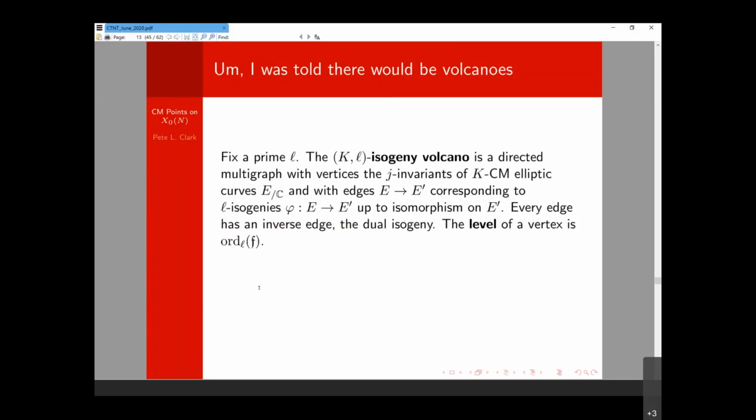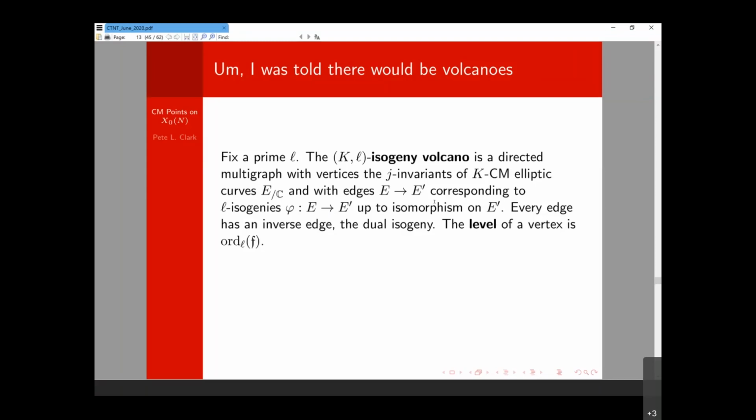So if you fix an imaginary quadratic field and you fix a prime and you're looking at prime power isogenies, now you're coming into the situation where you can use isogeny volcanoes. So for me, an isogeny volcano is a graph which is directed and is allowed to have multiple edges, whose vertices are the j-invariants of elliptic curves over the complex numbers that have complex multiplication by some order in the imaginary quadratic field K, and the edges correspond to L-isogenies with a reasonable equivalence relation.